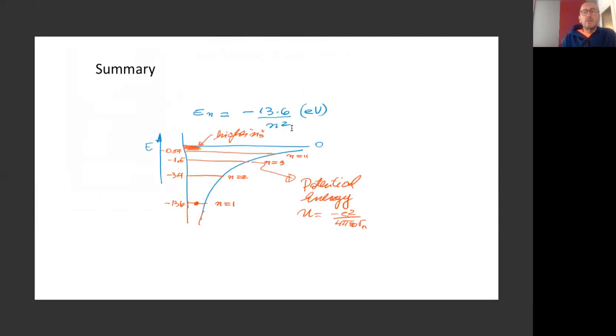What we have been looking at was the Bohr model for the hydrogen atom. And we got to the conclusion that the energy states can be described as a discrete set of levels that actually follow this expression here.